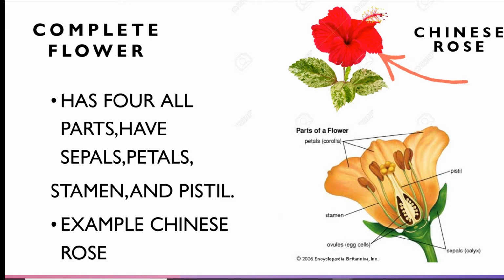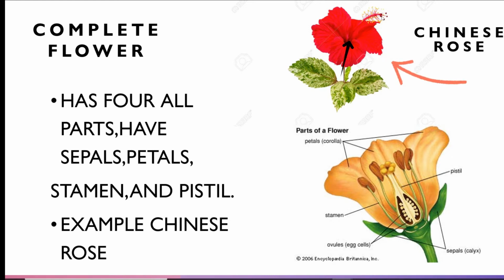Okay, for example, this flower, Chinese rose, is complete because it has petals, it has sepals, and it has stamen. This is stamen.